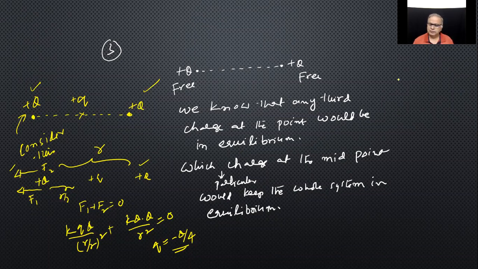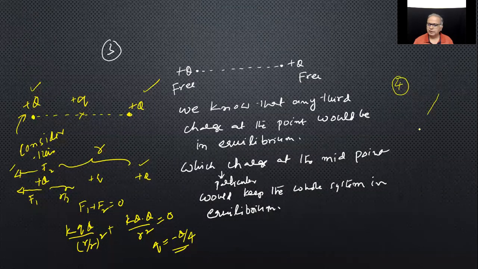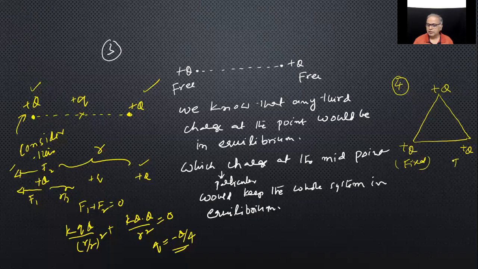Now, a fourth question I'll put here. First, show that it's obvious there once again, but still I want you to show the maths. Plus q, plus q, plus q are fixed at the vertices of an equilateral triangle.